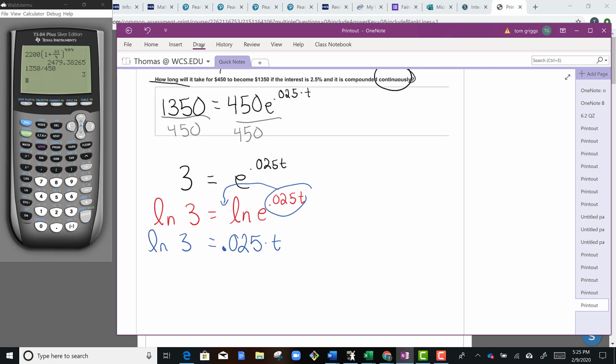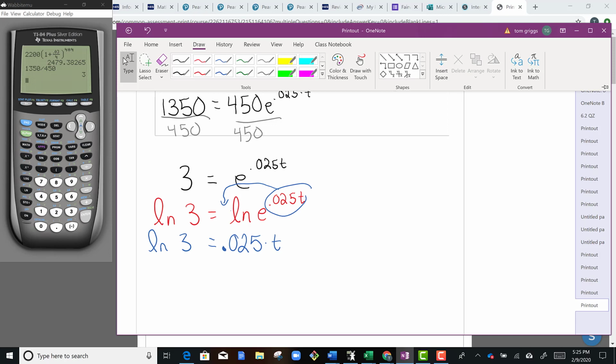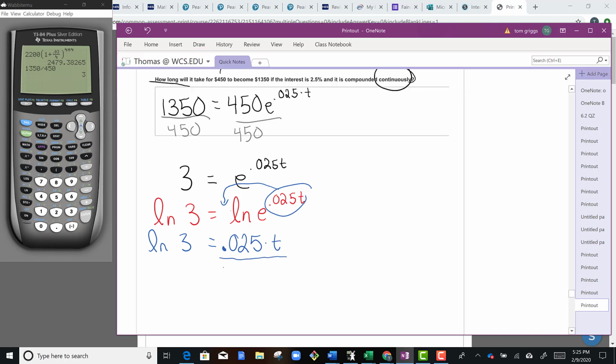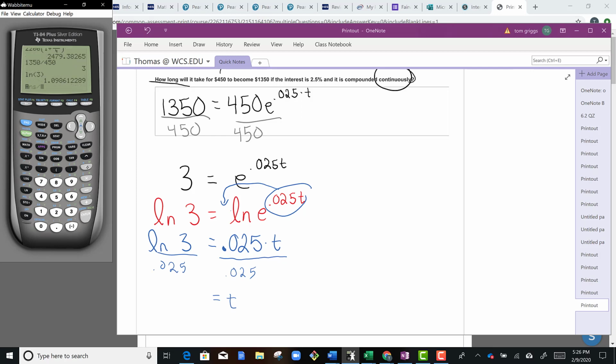And now just a pretty simple divide both sides by 0.025. And let's let the calculator take the rest, natural log of 3, and immediately divide that by 0.025.